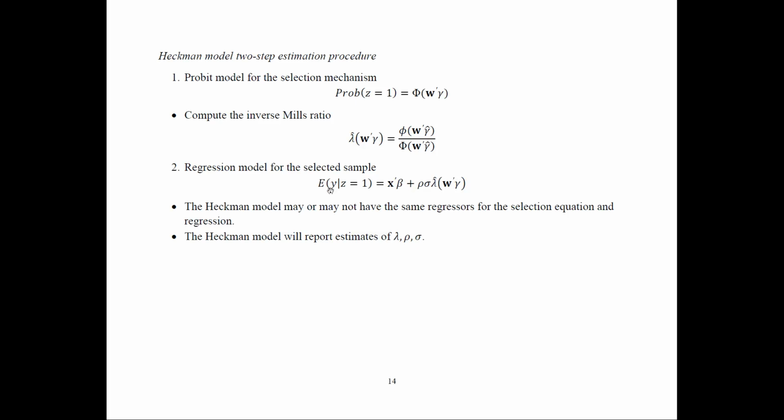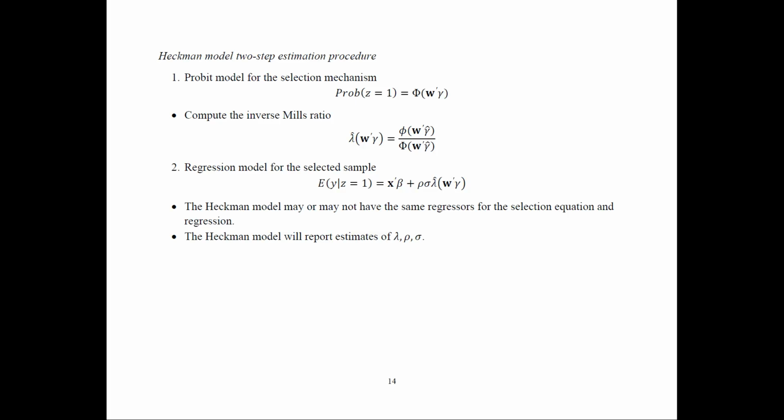Now here we're interested in the expected value of Y given that you're in the sample, or Z equals 1, only for those that happen to be in the sample. That would be X prime beta, but you also have a correction for the fact that you don't deal with a representative sample. This inverse Mills ratio comes from the first step model, correcting for the fact that we may not have a representative sample.